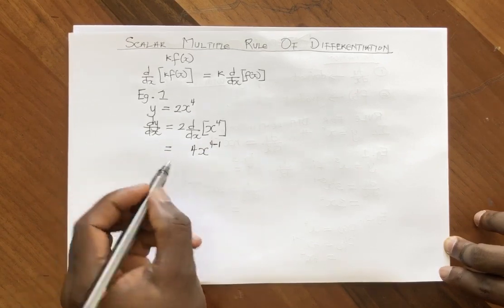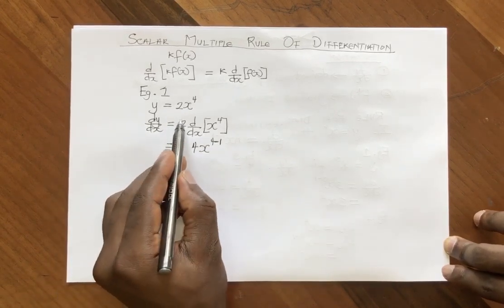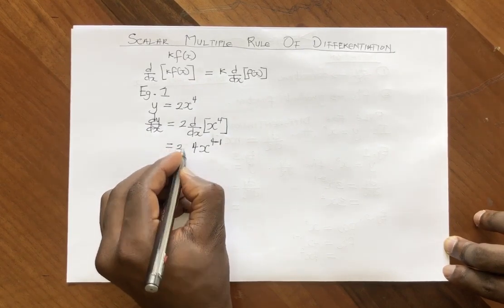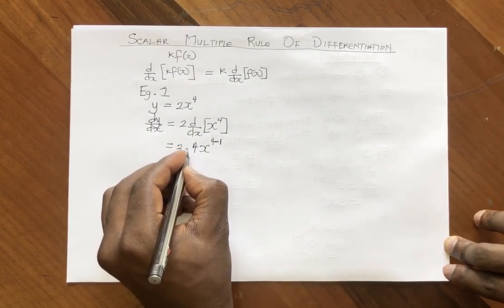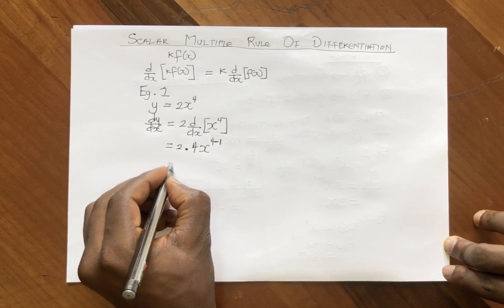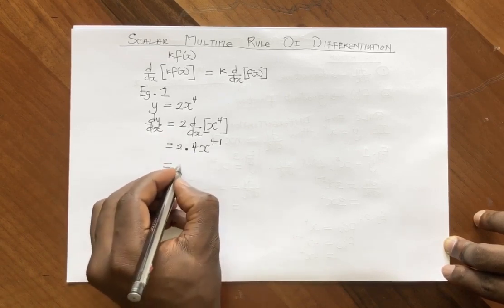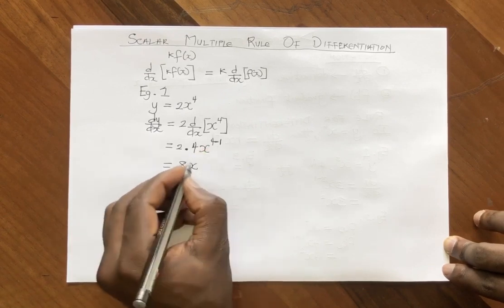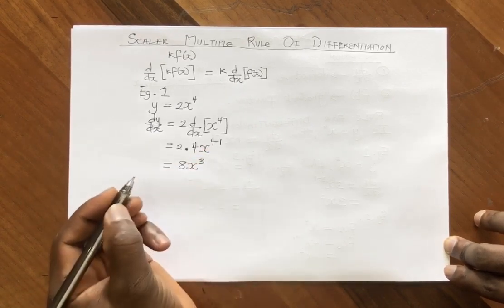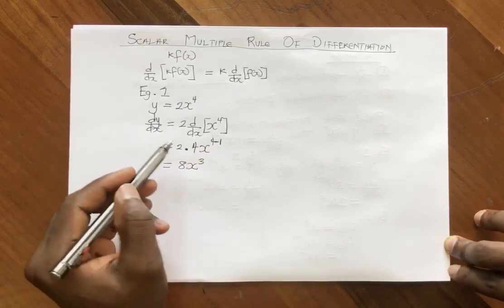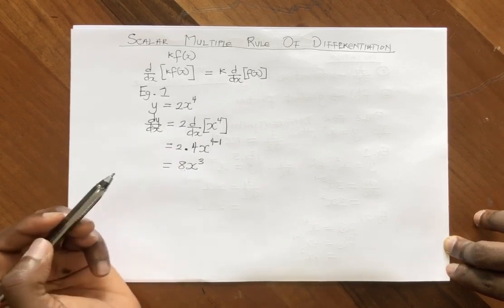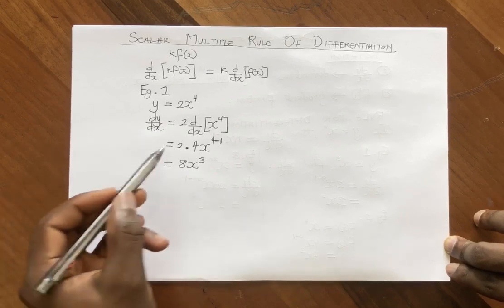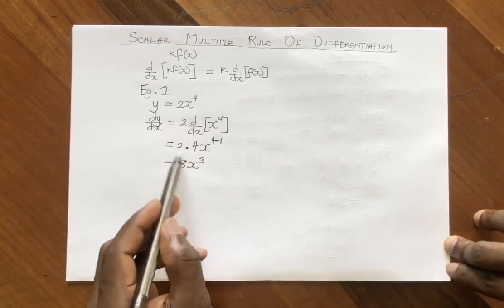But remember that we had a constant of 2. That constant will come and multiply the function. All right, so 2 times 4 gives us 8, and 4 minus 1 gives us 3. So as a beginner, this is how you go about it. But as you advance further in differentiation, you wouldn't have to go through all these stages.